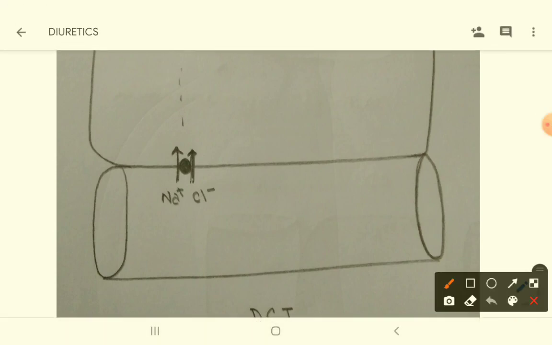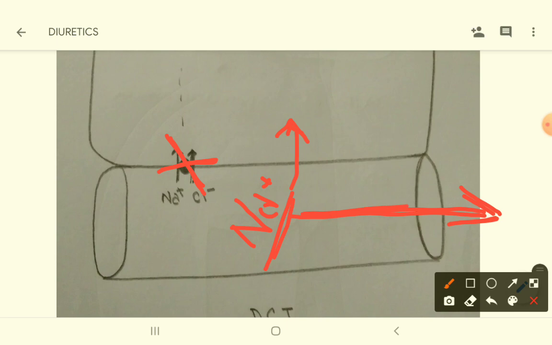Thiazide diuretics will block this transporter, so sodium cannot be reabsorbed and will be excreted. This is the diuretic mechanism. What follows sodium? Water follows sodium, so along with sodium, water will be excreted, so there will be diuresis.